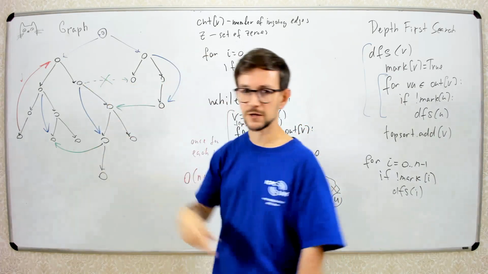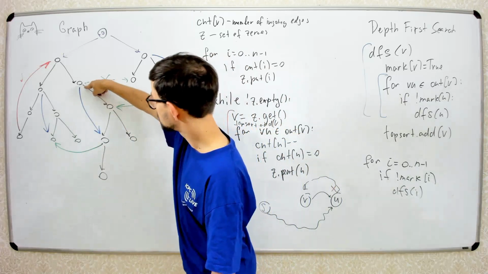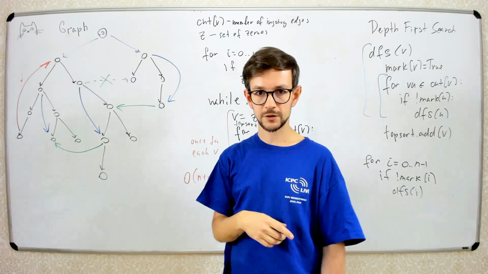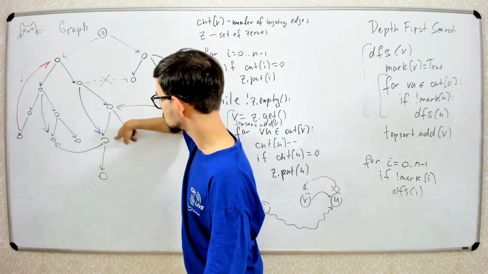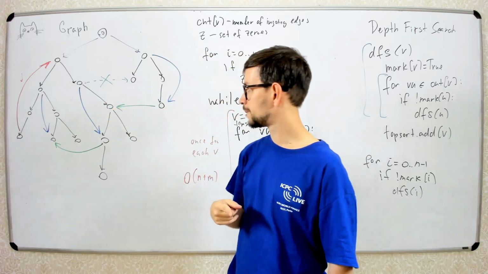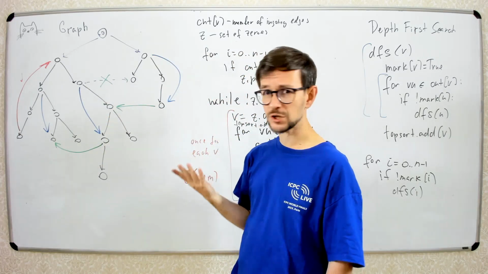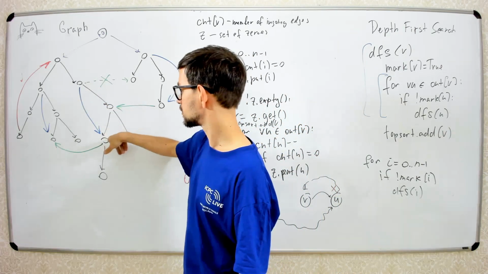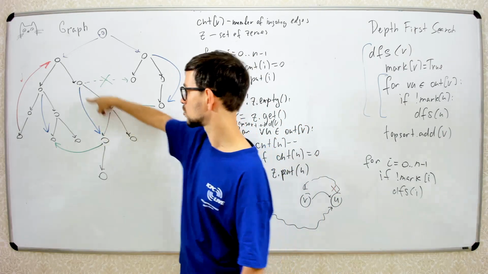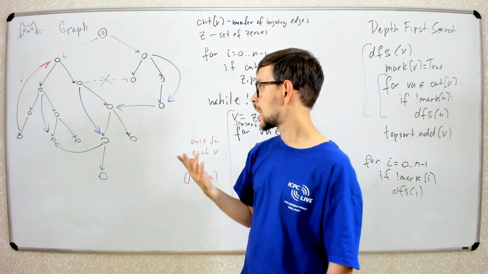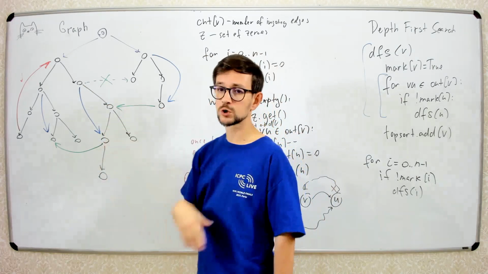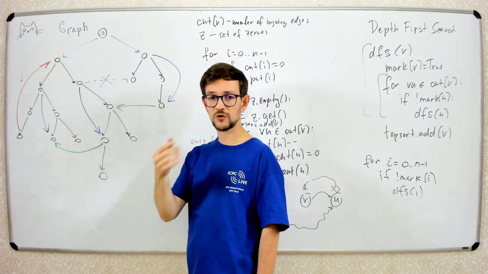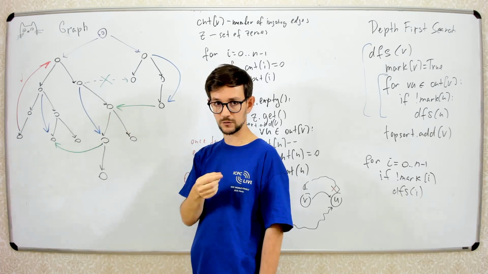This blue edge can't give you a cycle because these two nodes were already connected. You have this path, so this edge doesn't change the connection relation between them. They already were connected, so this edge can't give you any cycle. These green edges also will not give you any cycles, because all green edges go from right to left.